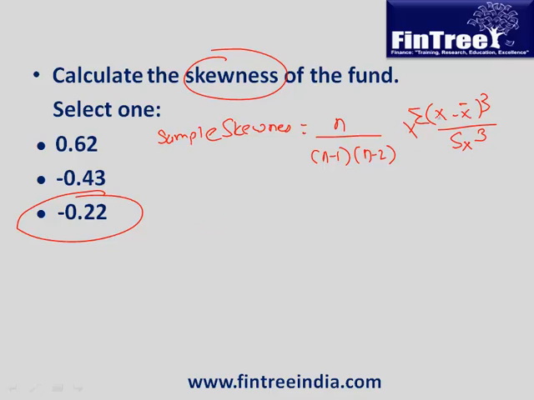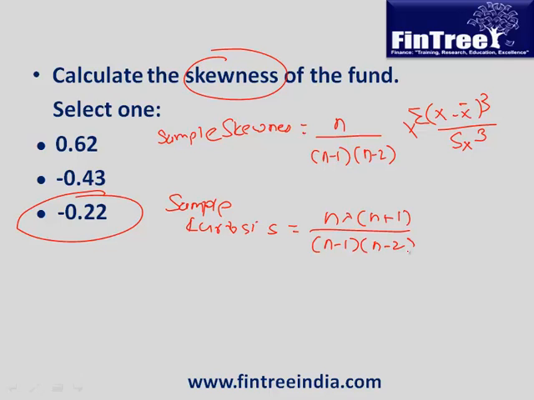And a sample kurtosis formula: we know it's the fourth moment, so n into n plus 1 divided by n minus 1, n minus 2, n minus 3, summation of x minus x bar raised to 4 divided by sigma x raised to 4.